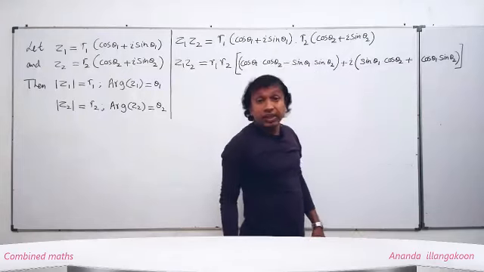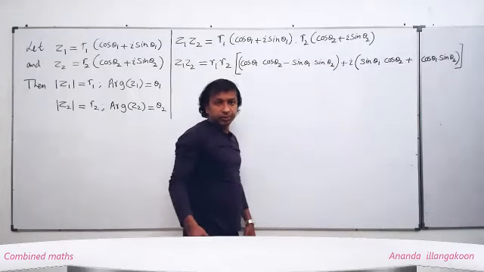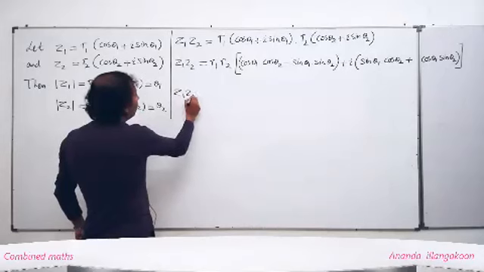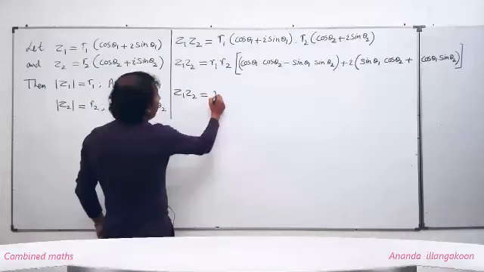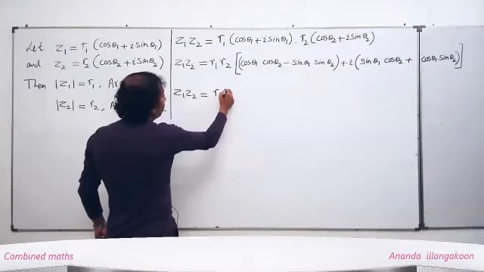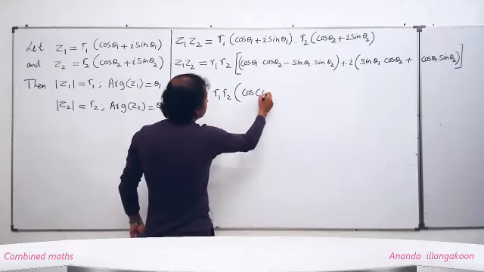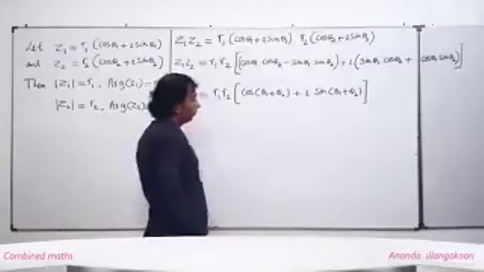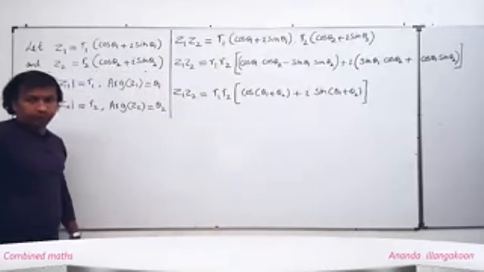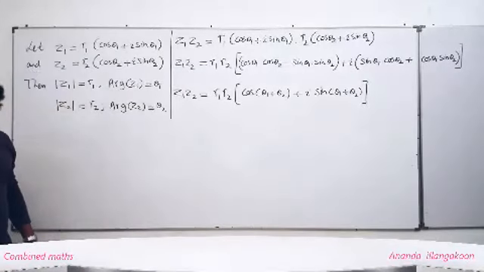It is sin(A plus B). Then Z1 Z2 is equal to R1 R2, within bracket we can write cos (theta 1 plus theta 2) plus I sin (theta 1 plus theta 2). This is what we get for the Z1 Z2 product.